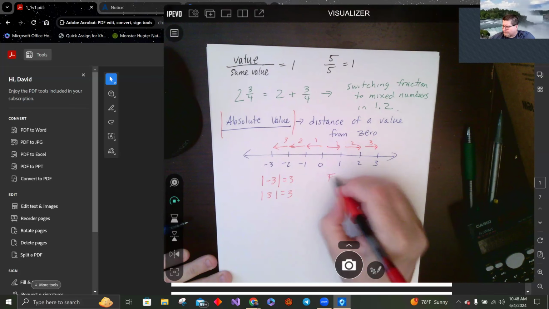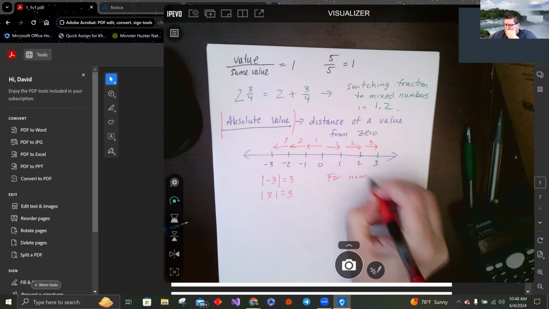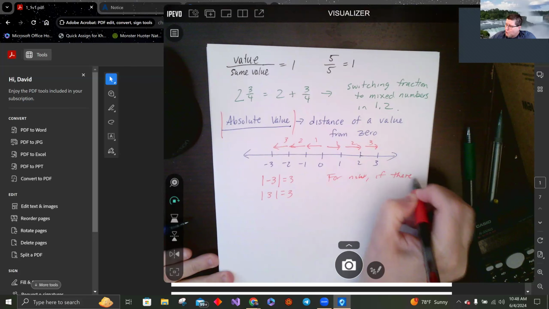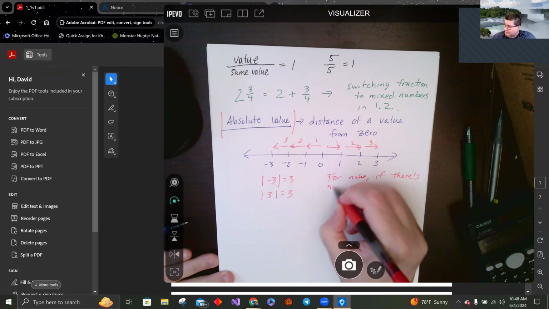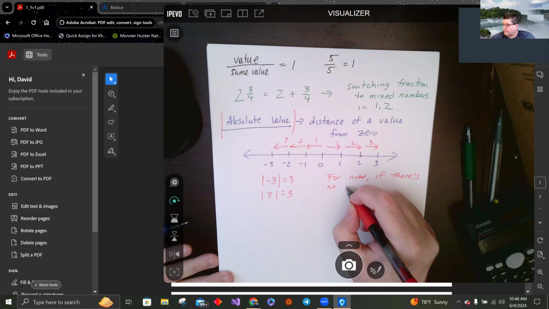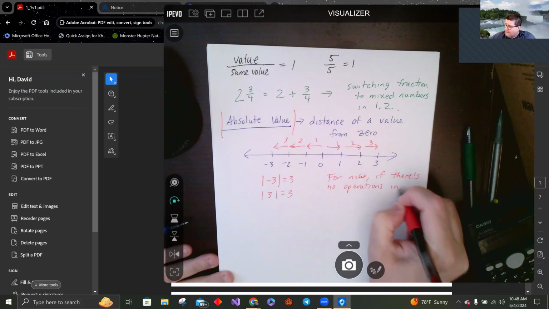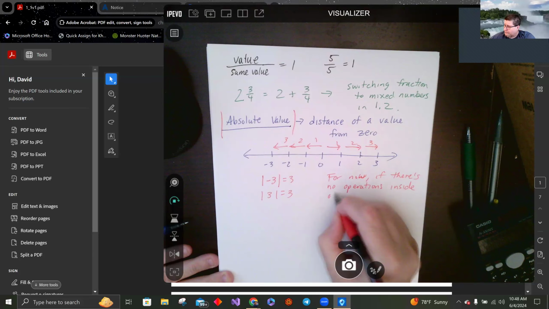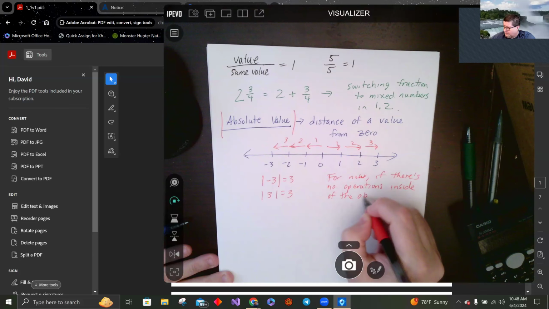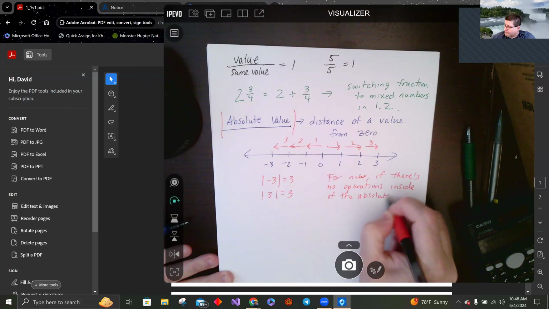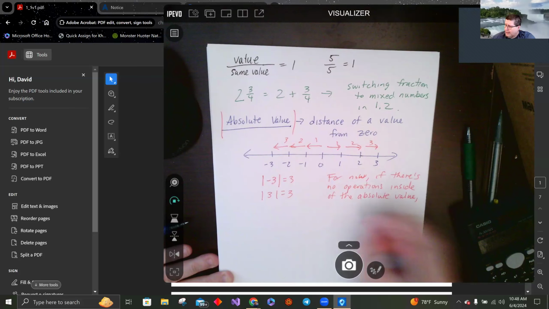For now, if there's no operations inside of the absolute value, make it positive.